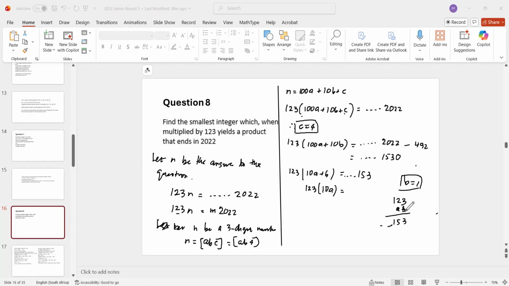If you take the units digit, b has to be equal to 1. So now you have 123 times 10a equals something 153.